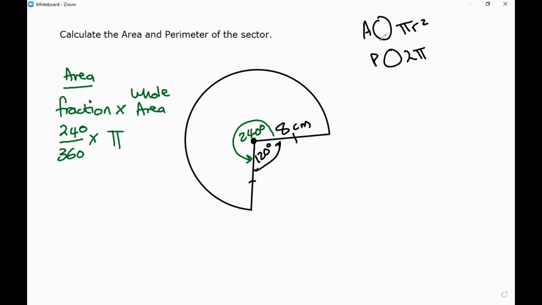And the radius is 8, so it's going to be 8 squared. 24 over 36, we might as well just put it straight on the calculator: 240 divided by 360, multiplied by pi times 8 squared. That'll come to 134.04 centimeters squared.